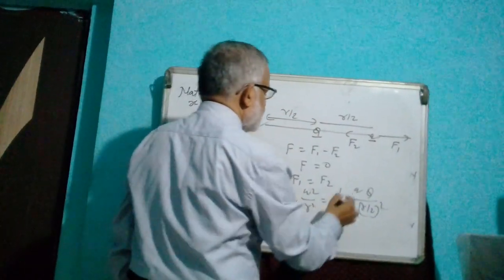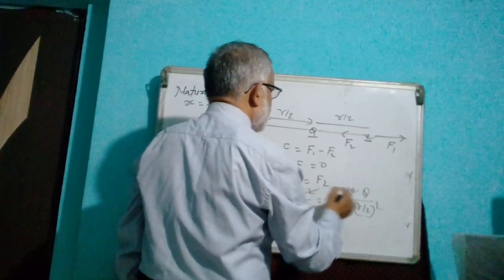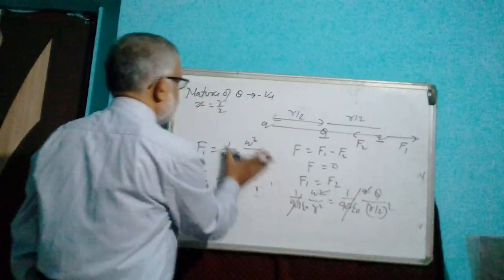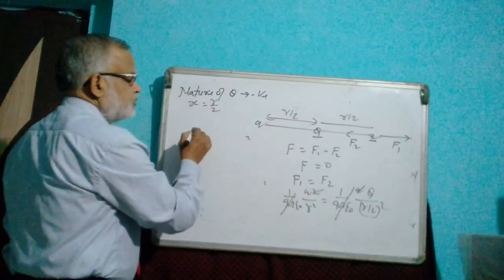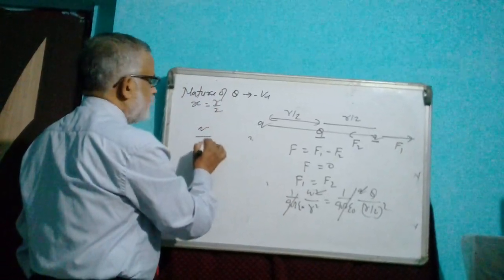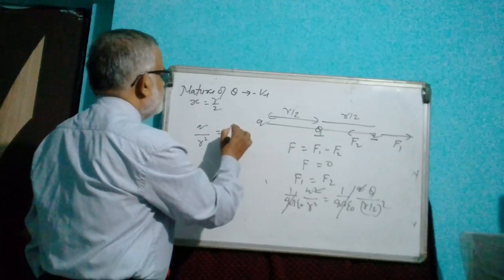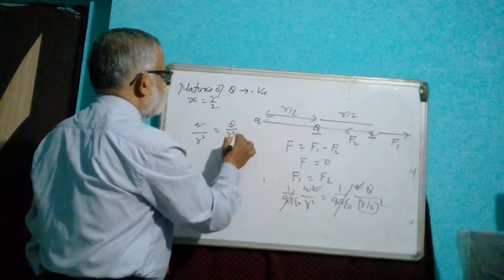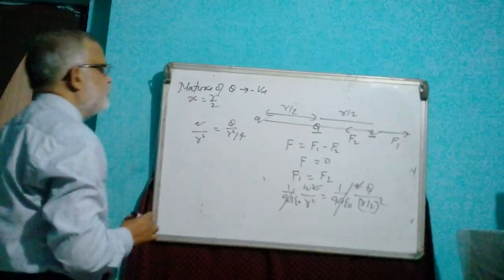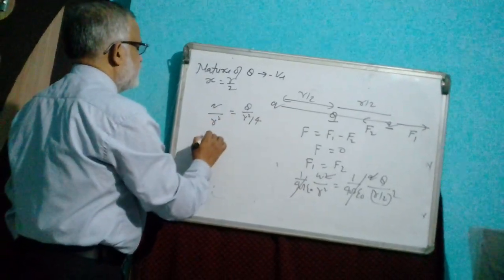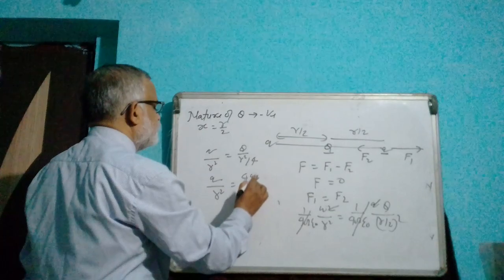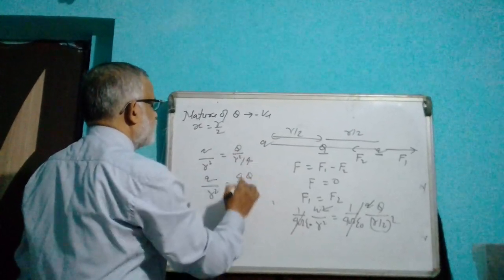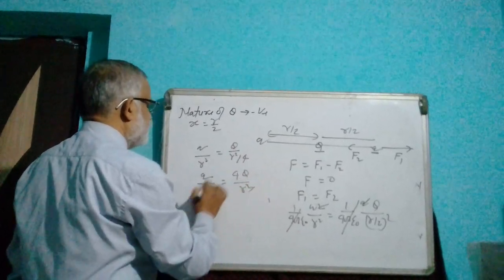1 upon 4 pi epsilon naught cancels, and q cancels. This becomes Q upon R square equals capital Q upon R square by 4, which is Q upon R square equals 4Q upon R square.